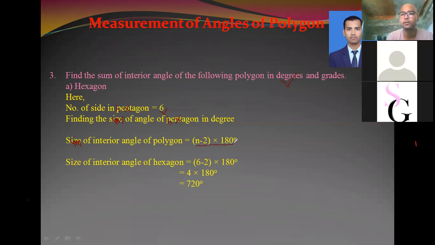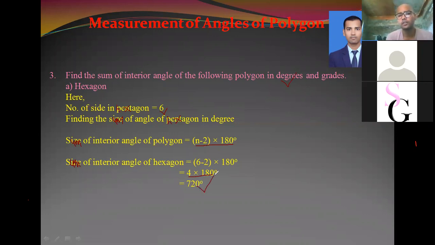This is the formula we need to apply here. So the sum of the interior angles of the hexagon is equal to, replacing n by the number of sides, 6 minus 2 into 180 degrees. When 2 is subtracted from 6, we get 4, and when we multiply 4 into 180 degrees, we get 720 degrees.